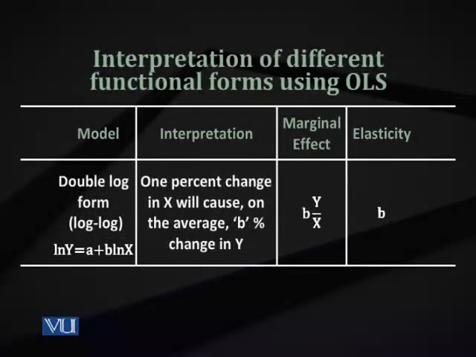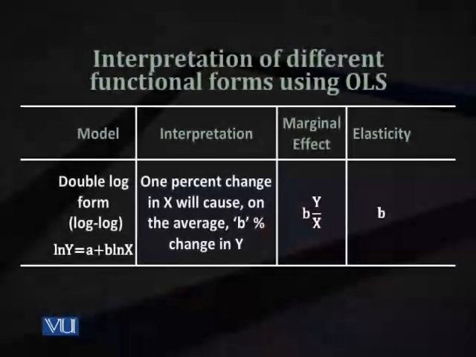In the next model, which is double log form, we have taken log of both x and y as we did in the Cobb-Douglas production function. So see how we interpret the values b and a. B is basically interpreted in percentage terms. When you have logs on both sides, the dependent variable and independent variable, you will interpret as follows. 1% change in the variable x on the average will cause the variable y to change by b%.